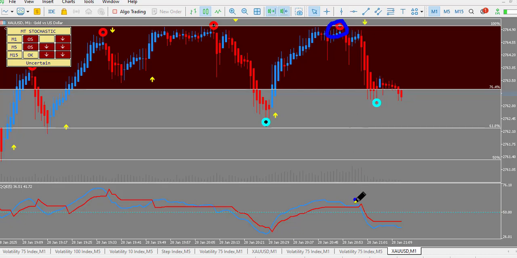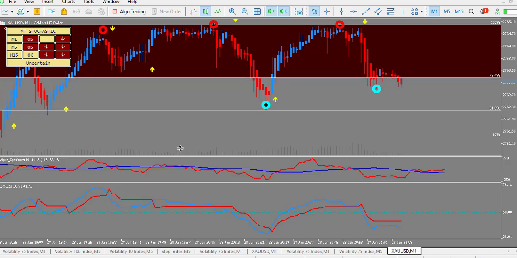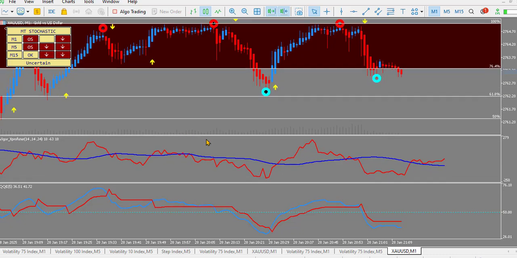If you look at the QQE indicator, it did confirm this setup. And when you look at the S-Profiter indicator, it did give us a signal that this is going down, and it was sapped then, and it did deliver. So this is how to use this particular strategy.